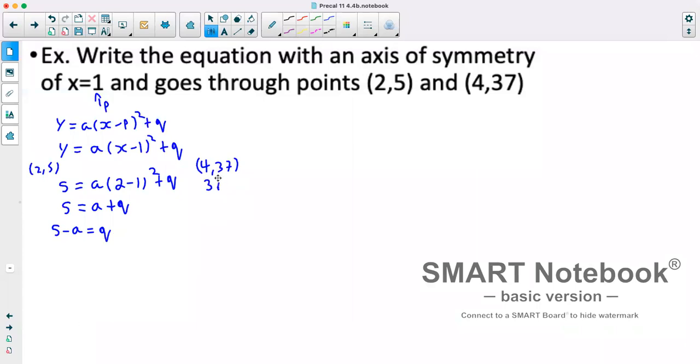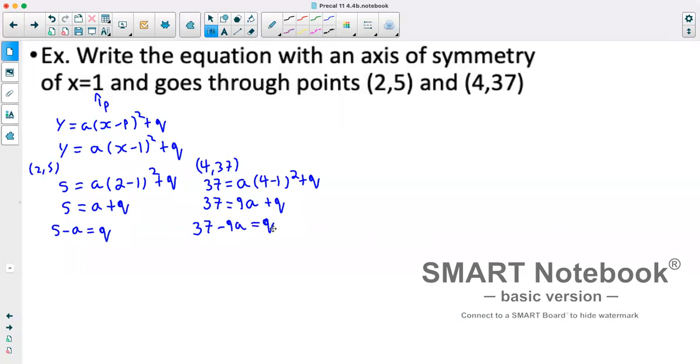So I have 37 is equal to a times (4 minus 1) squared plus q. So that gives us 37 equals, 4 minus 1 is 3, 3 squared is 9, so 9a plus q. I'll move the 9a to the other side. So that gives us 37 minus 9a equals q.